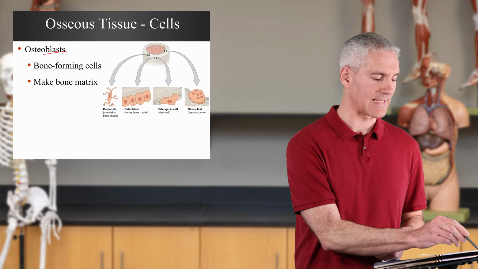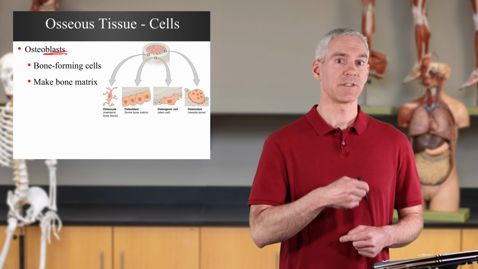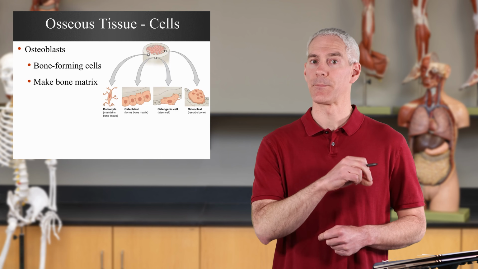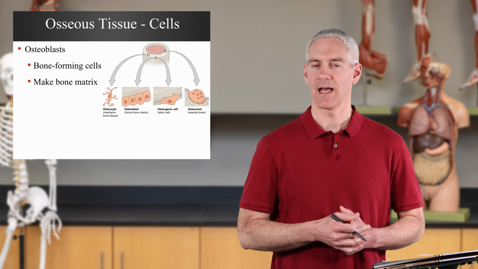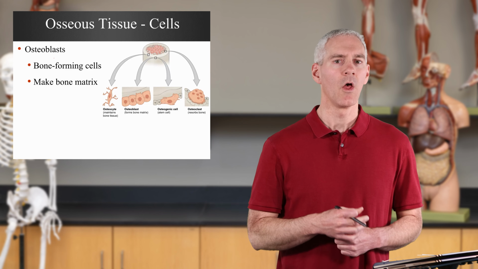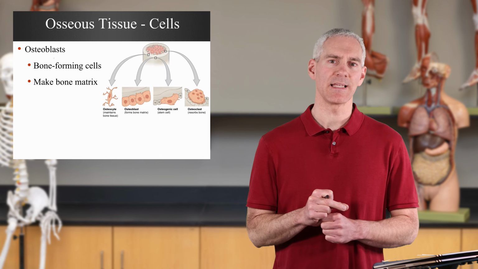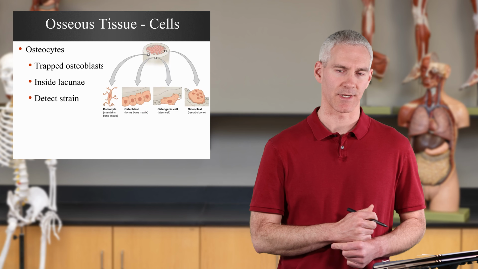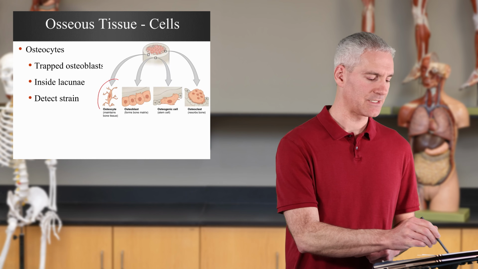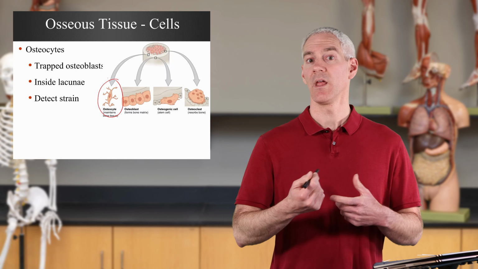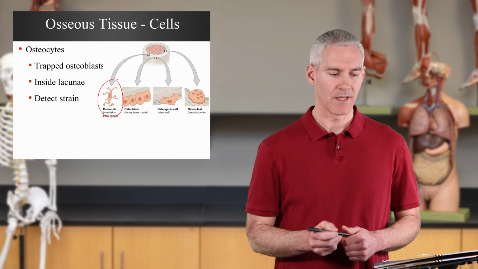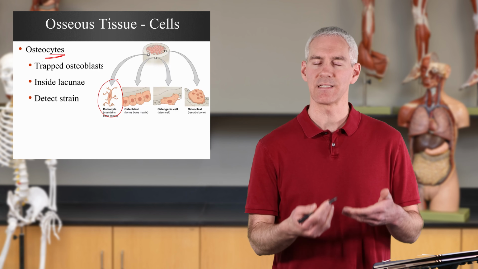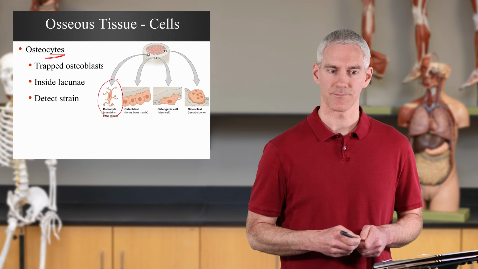Remember the term blast. Blast is forming or making a tissue. So in this case, the osteoblast is making the osseous matrix. But now, when an osteoblast cell becomes trapped inside of the actual calcified matrix, it becomes an osteocyte. The osteocyte cells, remember cyte is meant to maintain their mature cells.